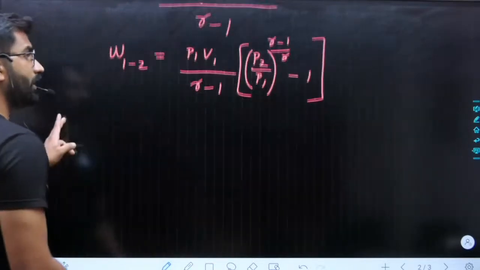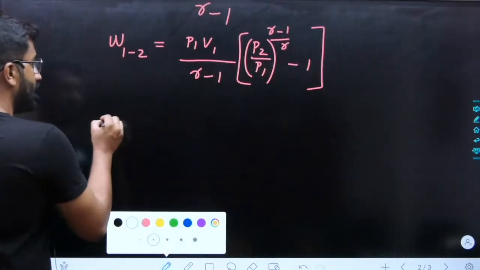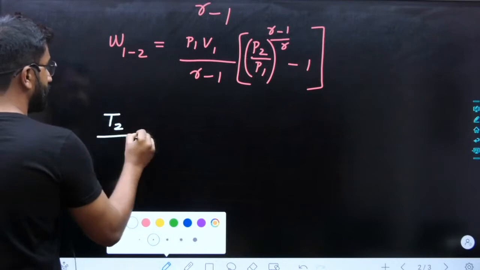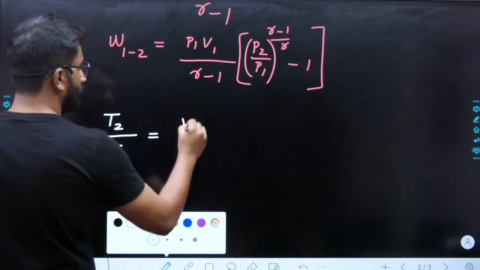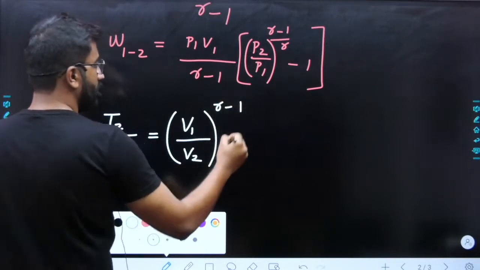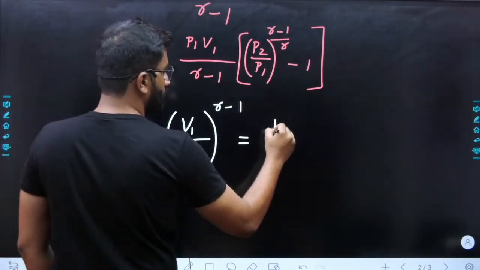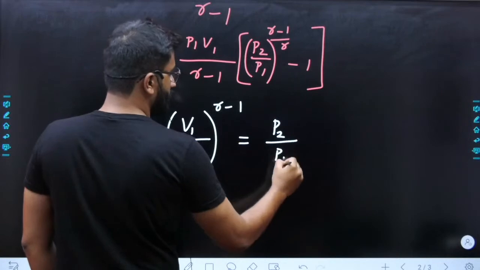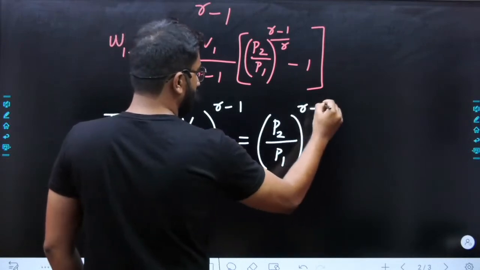Now, the most important adiabatic relation in GATE, or in BARC, is T2 by T1 is equal to (V1 by V2) to the power gamma minus 1, which is also equal to (P2 by P1) to the power (gamma minus 1) by gamma.